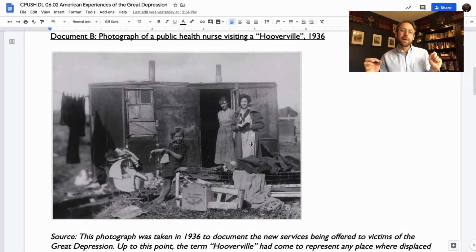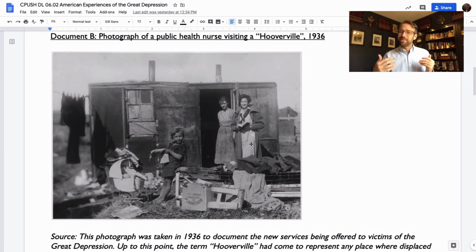So if we really think about this, the purpose of this photo isn't so much to document that this really sucks, but to say, look how good the government is to help you out. So this photograph does have a pro-government assistance point of view or bias. This would be in opposition to someone who would say the government shouldn't do anything about this.